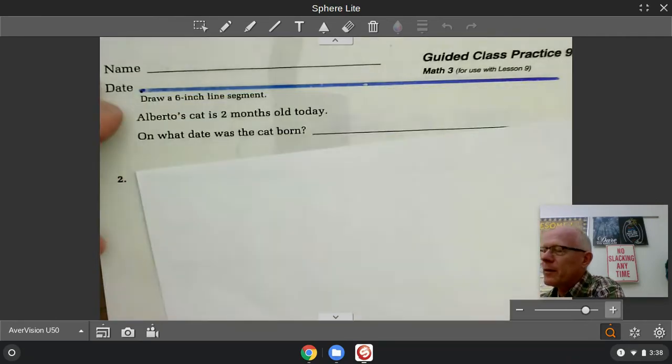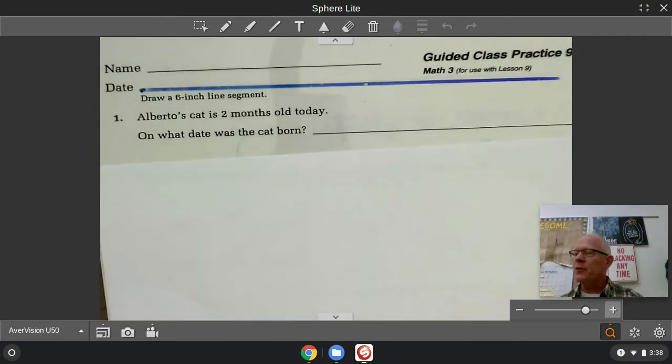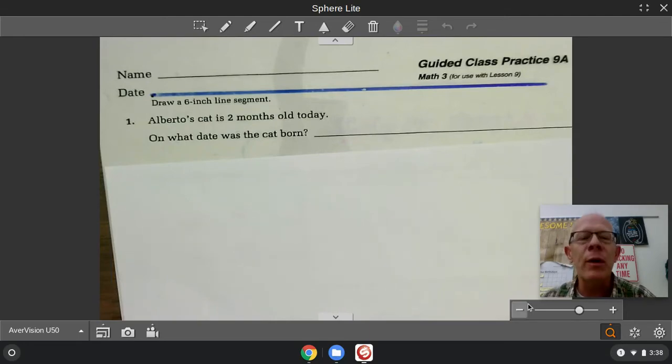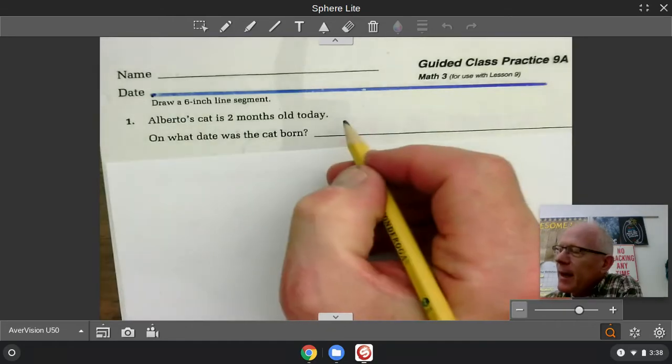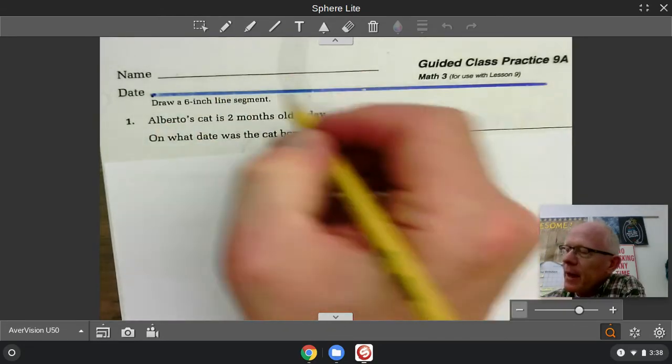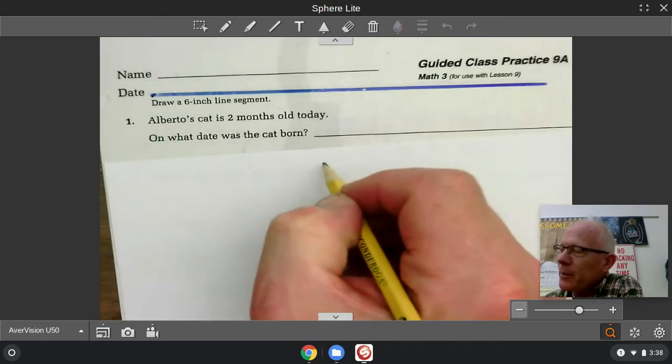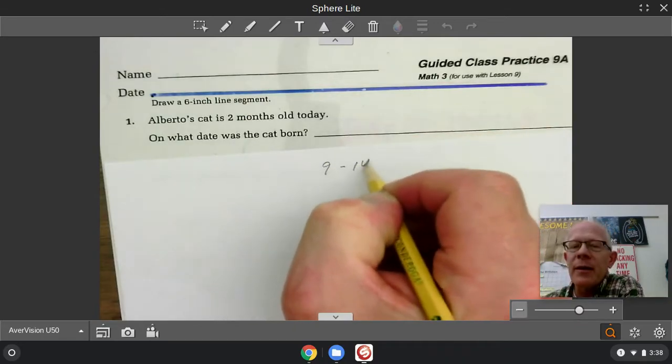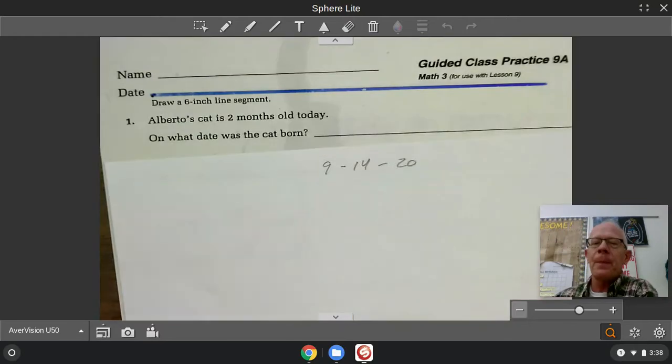Okay, good. This says Alberto's cat is 2 months old today. On what date was he born? Okay, so today, up on the date line, I can't write on my transparency, but I'll just write here, 9/14/20.